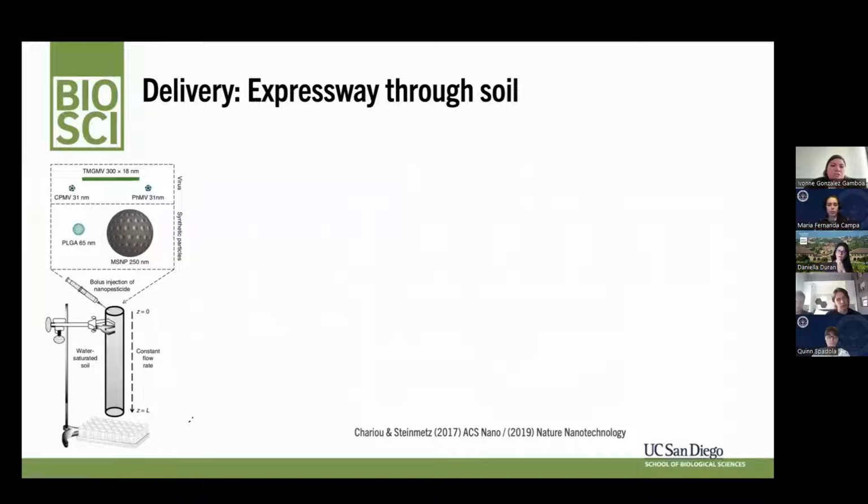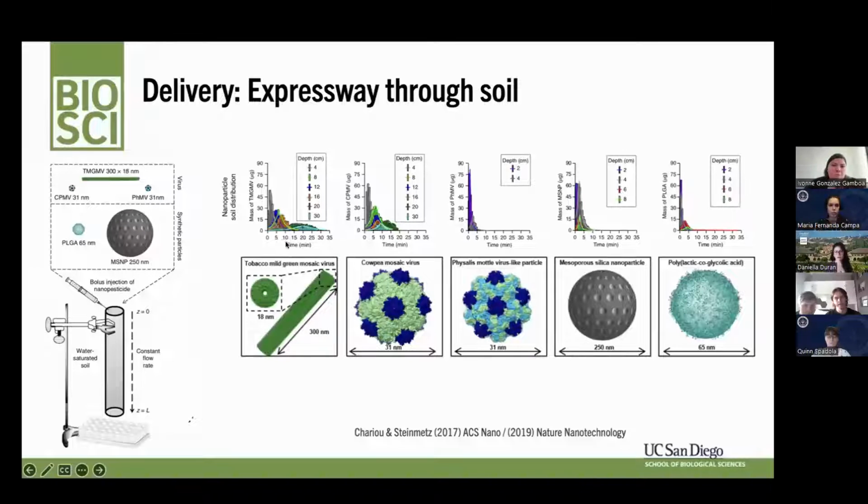So we tried different nanoparticles in different shapes, different sizes, and different charges, and we created a water-saturated soil column in which we could check how deep they were able to go through time.